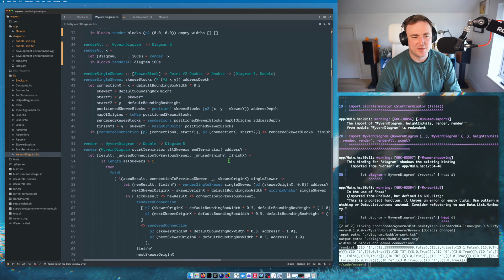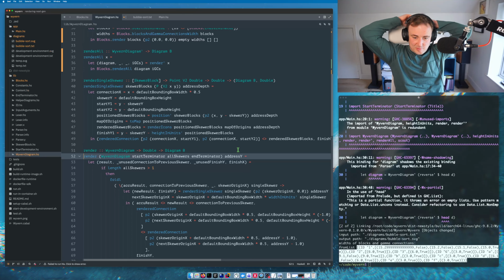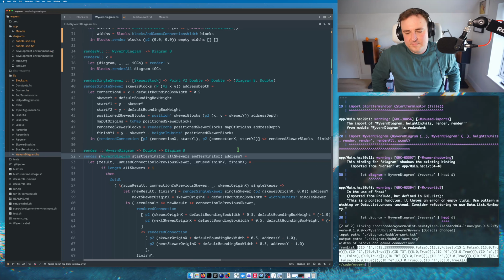And we can update that claimed status in here in the render function. And once we have a global table of claimed statuses, oh no, that also wouldn't work.